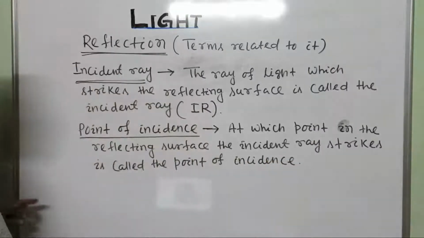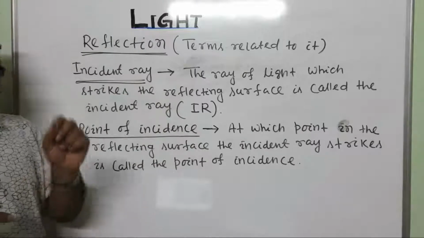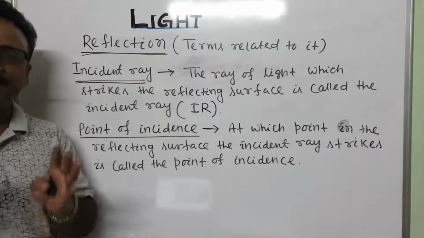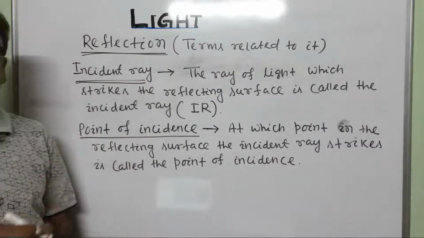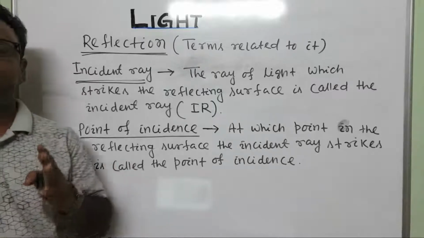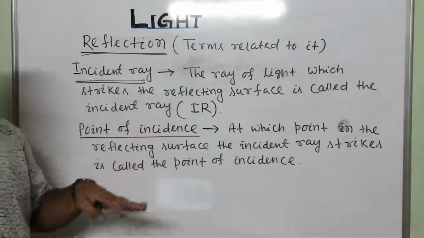So at which particular point in the reflecting surface the incident ray strikes, is called the point of incidence. Then what else?